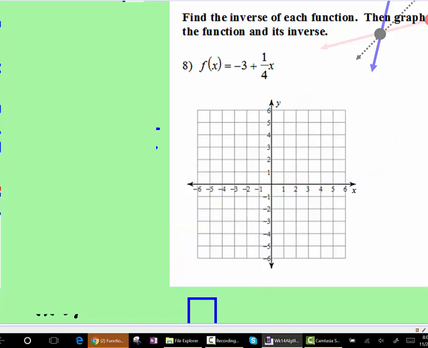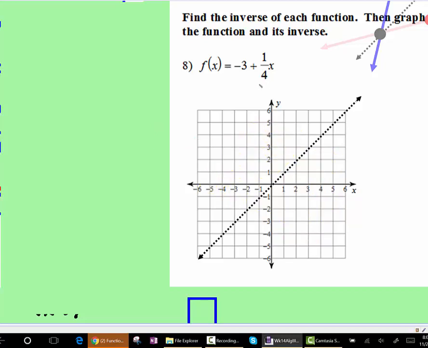If you graph them, and you have an invisible line that goes at a 45-degree angle right there, if this side and this side end up looking like mirror reflections, then yes, you have things that are inverses of each other.